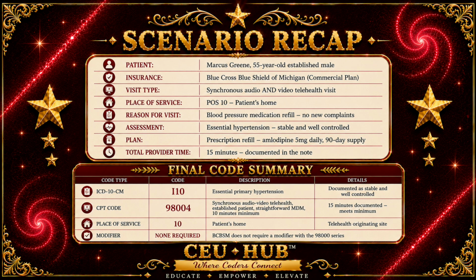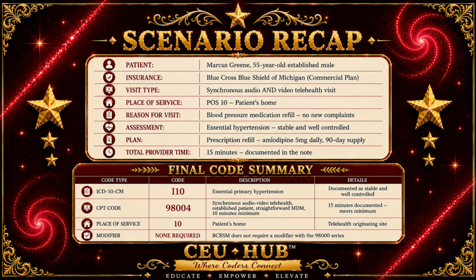Our place of service will be 10 because we are providing this service from the patient's home. No modifier is required because Blue Cross Blue Shield of Michigan does not require a modifier with the 98000 series. One CPT code, one ICD-10 code, and a very important lesson about knowing your payer and your CPT book.